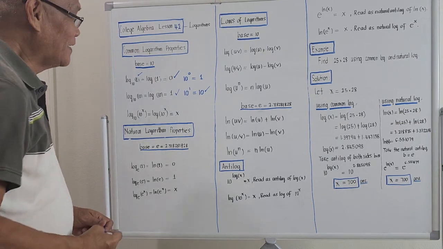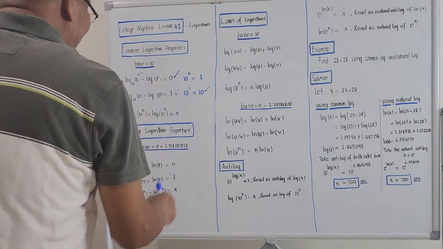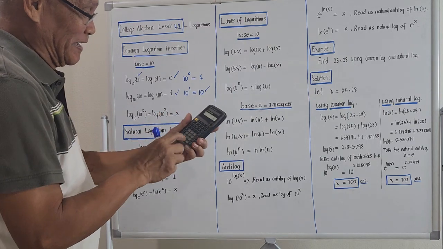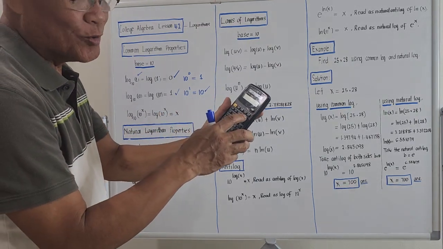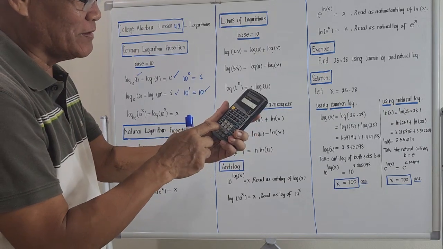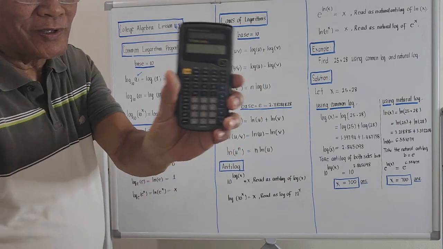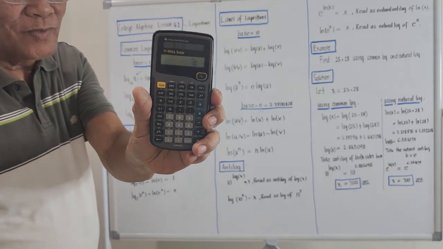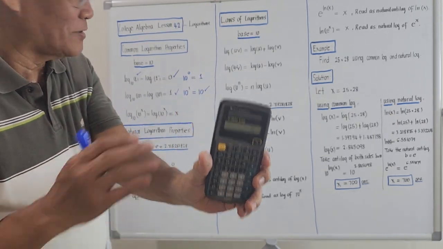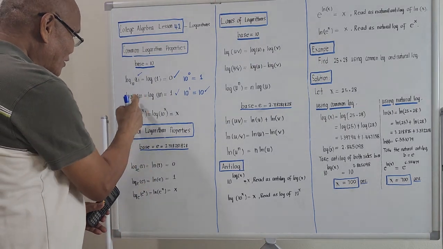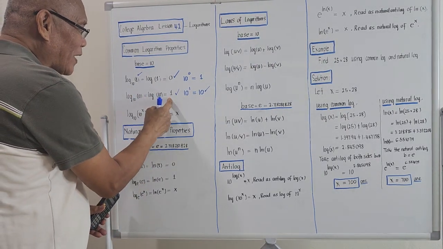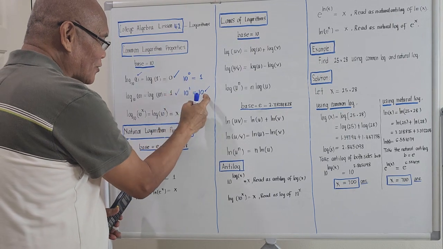You got it? And if you don't want to believe this one, just display 10 raised to y to the x, where the power is 1. What will come out should be 10. But we could do this by just using these properties here. I told you the logarithm of 10 with the base of 10 should be equal to 1 because 10 to the 1 is equal to 10.